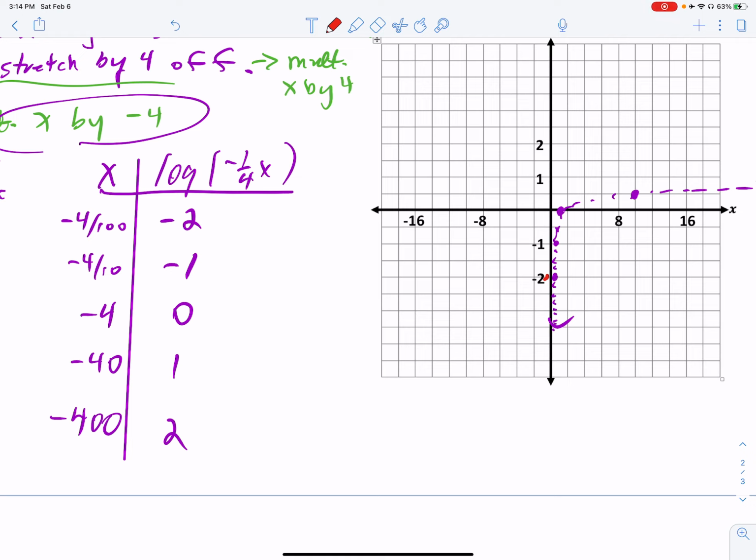At -4/10ths, I'm at -1. And at -4, I am at 0, because it got flipped and stretched away from the y-axis. And then way at -40, I would be up at 1.